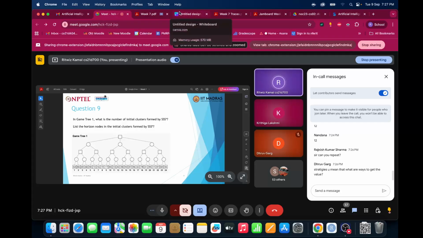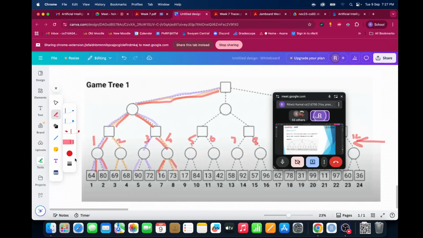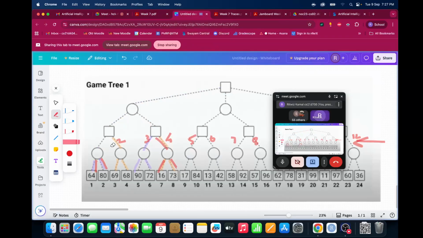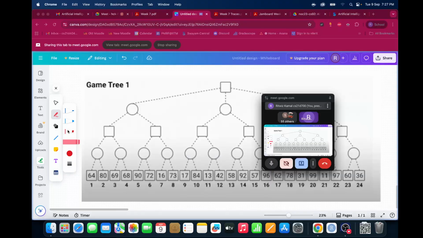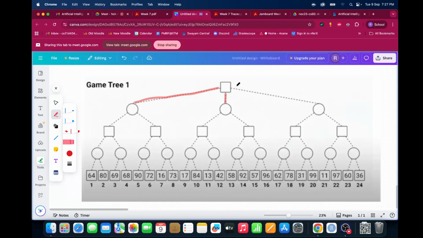So if we mark that over here, let me erase all of these. We select all children of the max nodes, so this, and this, the leftmost child of the min node.